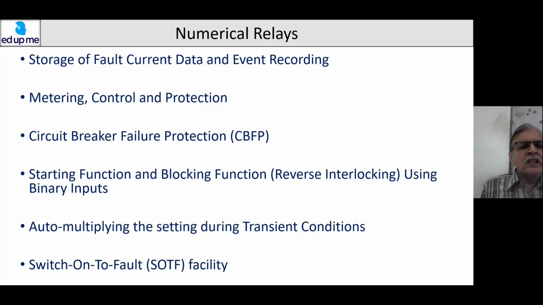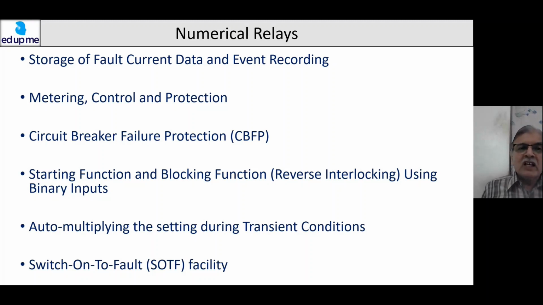Many quantities are available on the relay. So you save the cost of meters, either digital or analog meters. Cost is saved, the space on the panel is saved. A very small, very miniaturized panel is enough.